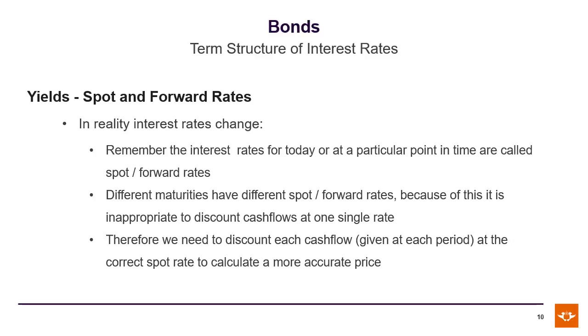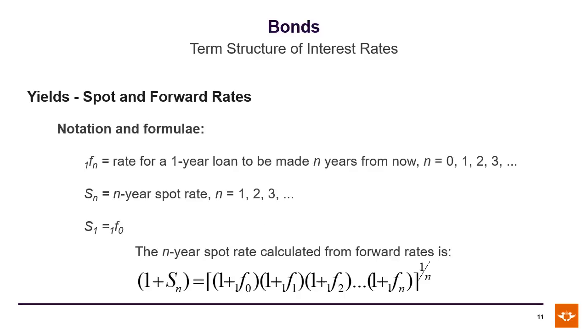Before we move on, we're going to introduce some notation. And the notation 1Fn refers to the interest rate for a 1-year loan that will be made n years from now.